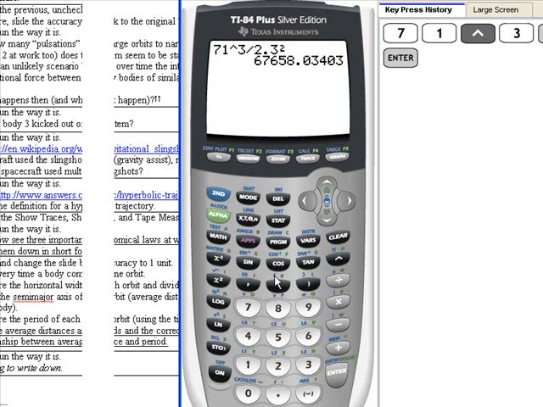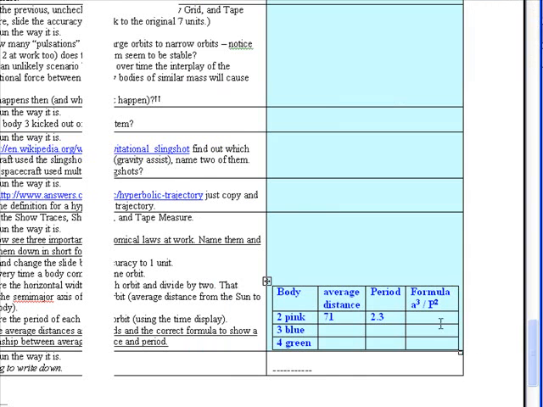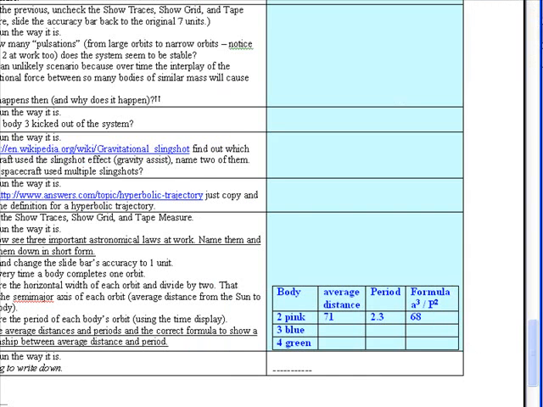By the way, had I used the 70.5 earlier, it's going to be a little bit different, 2.3 squared, and that would be around 66,000. You would have to keep in mind that you only have two significant figures here. So 68,000, 66,000, there's already a little bit of an error in there. I'm going to plug that in here, so 68,000.